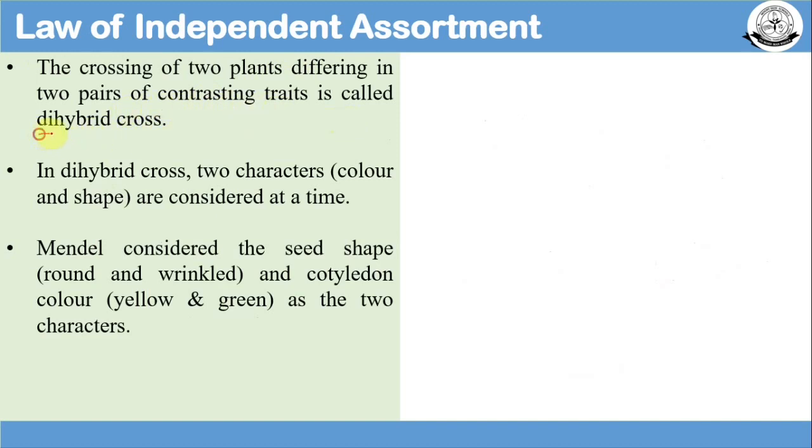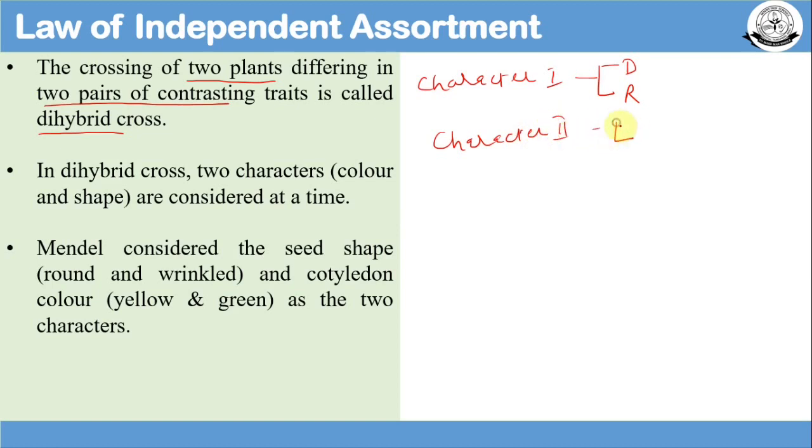So as I told you, in dihybrid cross we cross two plants differing in two pairs of contrasting characters. Character 1 is contrasting, so it may be dominant and recessive, and character 2 is contrasting, so also dominant and recessive.